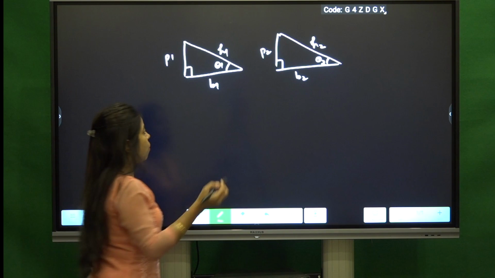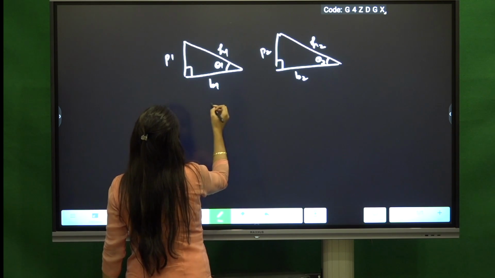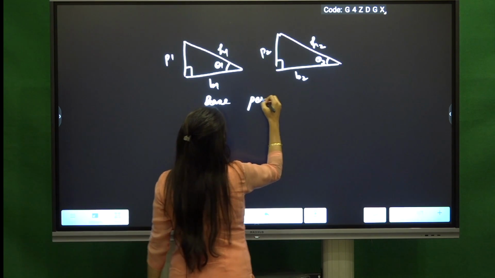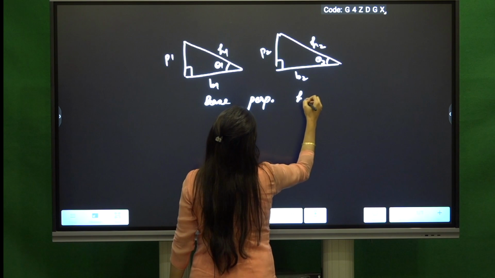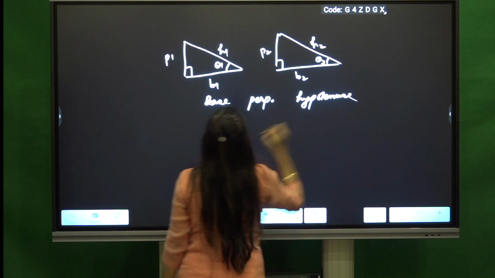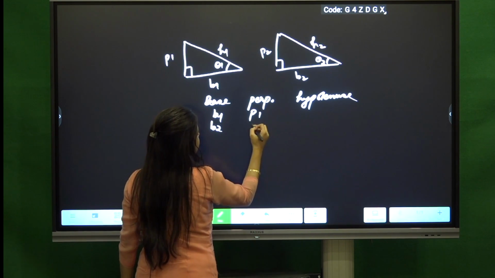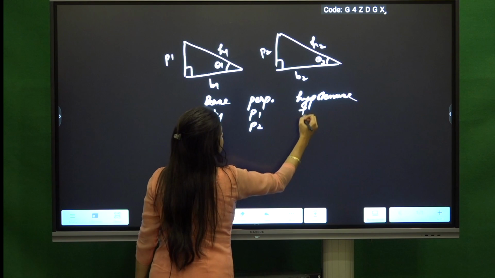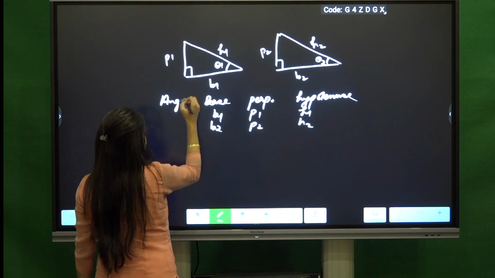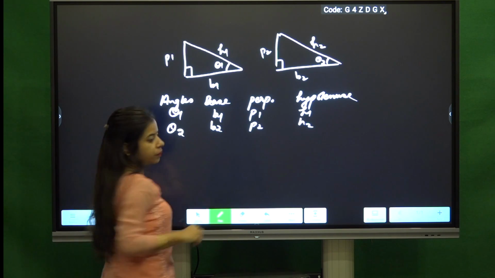So what is the formula? Let me write them. First, the given information: base, perpendicular and hypotenuse. So this is B1, B2, P1, P2, H1, H2, and let me write here the angles, theta 1 and theta 2.